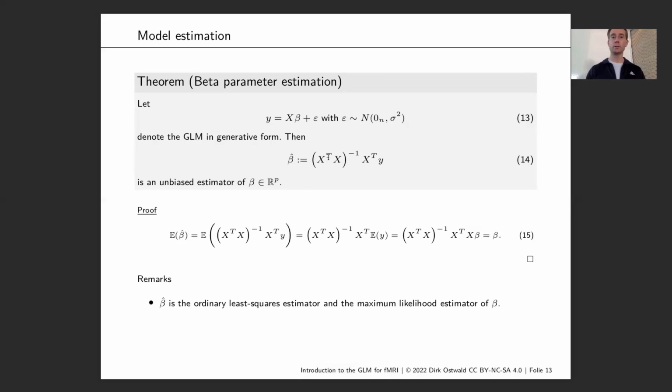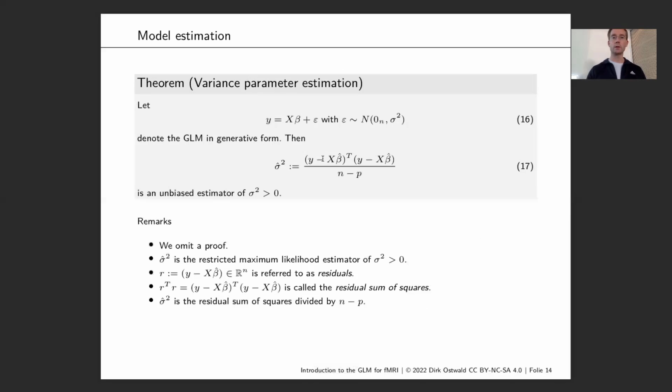It's always for beta hat: X transpose X inverse X transpose y, and for sigma square, it's always the residual sum of squares divided by n minus p. But of course, how these parameter estimators or estimates look also depends on the design matrix.